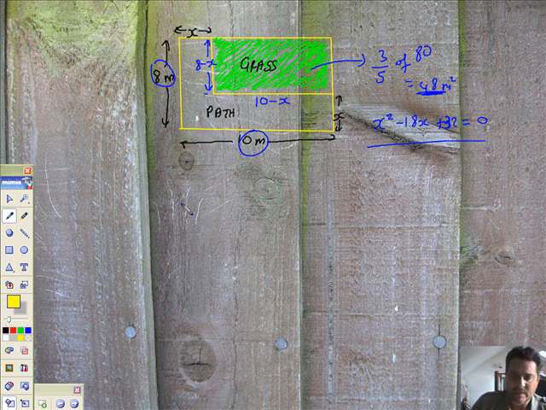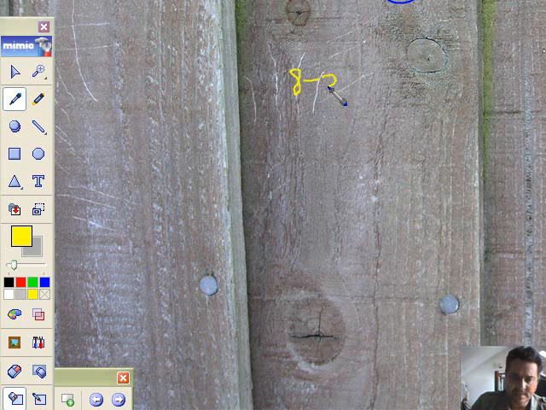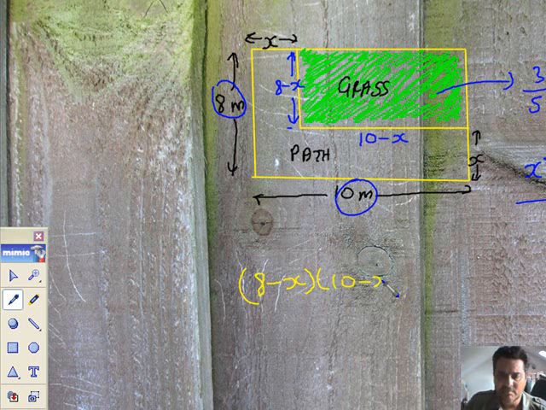Back to yellow. Right then, so 8 minus x, the width, multiplied by 10 minus x, the length, should come to 48. Multiplying out, I've got 80 minus 8x minus 10x plus x squared, all comes to 48.